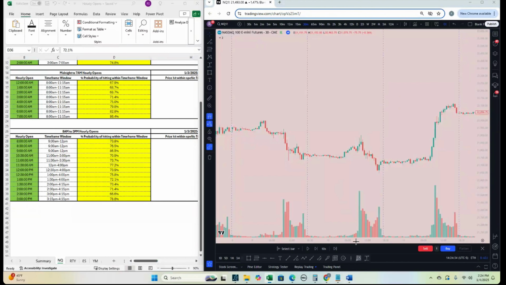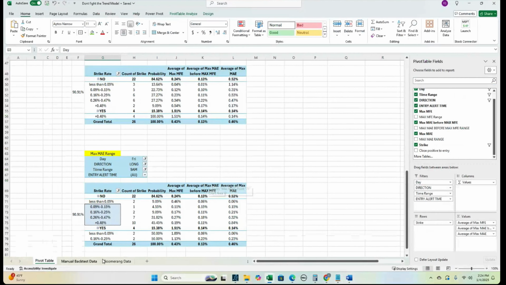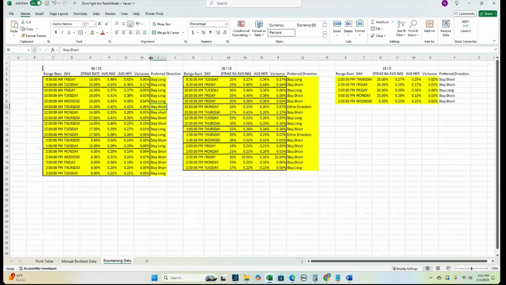Let me see, I think I have a don't fight the trend model that I have. So here's a don't fight the trend model that I have. This is just me sharing some extra stuff with y'all, but on these days, can y'all see my screen? Can y'all see the spreadsheet? All right.